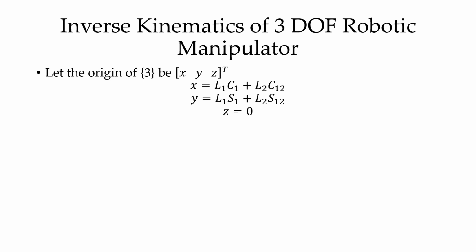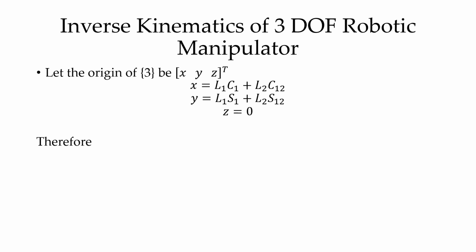Assume that x, y, z is the position of the tooltip. The values of x, y, z are already given, 0.707, 1.707 and 0, but we will assume them to be x, y, z for now, just for solving the equation. After that, we will substitute the values.